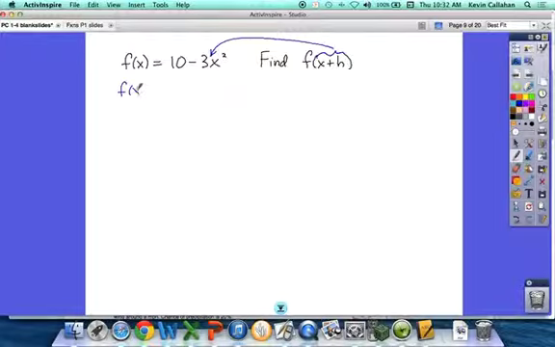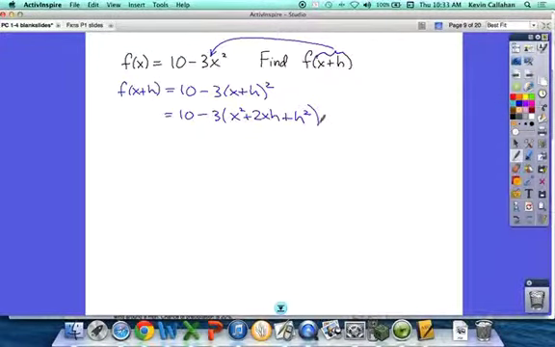F of x plus h equals 10 minus 3 times x plus h squared. Whatever's in the parentheses, just replace the x. And then you would have to simplify. That would be 10 minus 3 times x squared plus 2xh plus h squared.